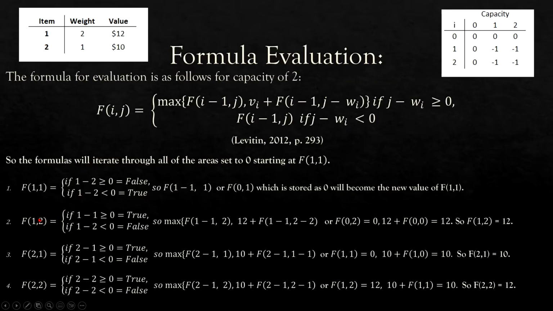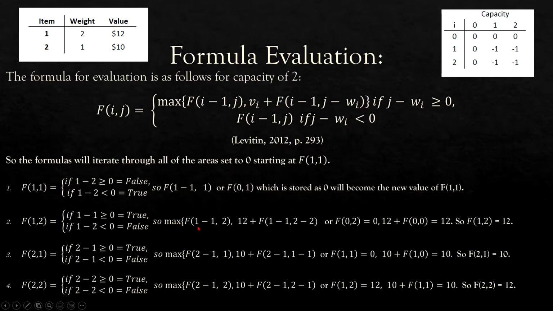So as we move on to the second, f of 1, 2, we've incremented j so that we can look at the second set, which 1, 2 is currently set to 1. And we evaluate the same two statements again. So this time the statement evaluates to true, so what we're going to end up using is the max function, which is the top portion of the formula.